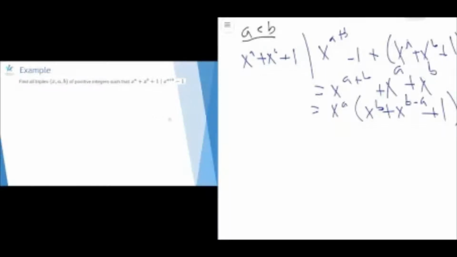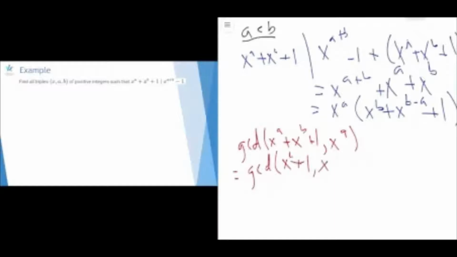We know that the GCD of x to the a plus x to the b plus 1 and x to the a is equal to, so we can subtract out x to the a, which would mean the GCD is equal to the GCD of x to the b plus 1 and x to the a.